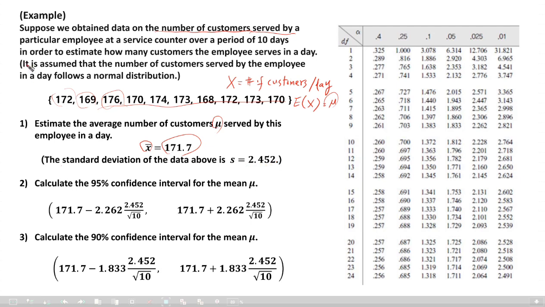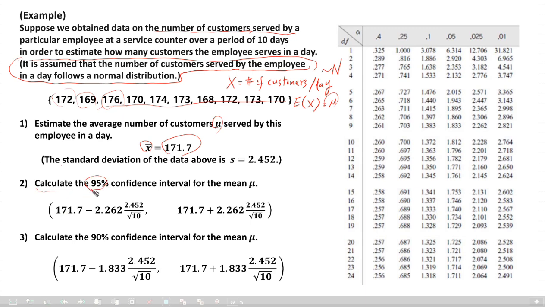It is assumed that the number of customers served in a day follows a normal distribution, because there are only 10 data, so we cannot apply the central limit theorem. So let's assume in this case x follows a normal distribution and calculate the 95% confidence level.